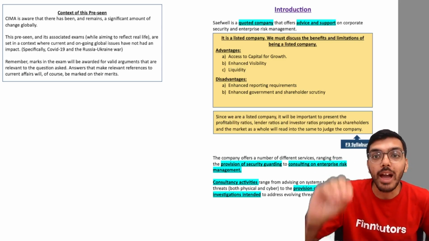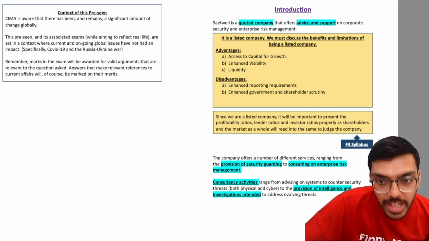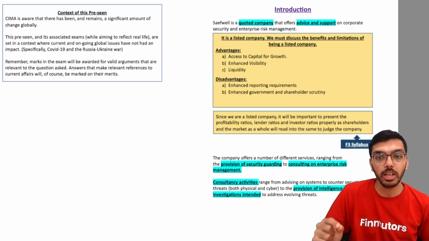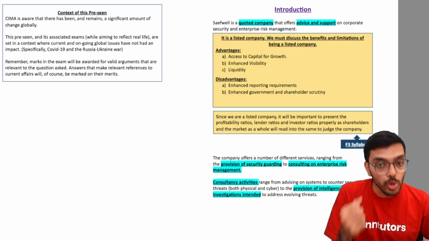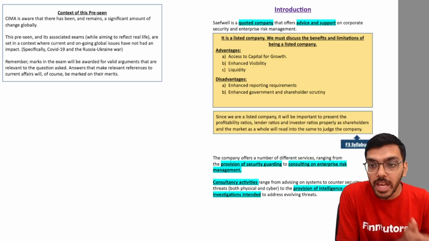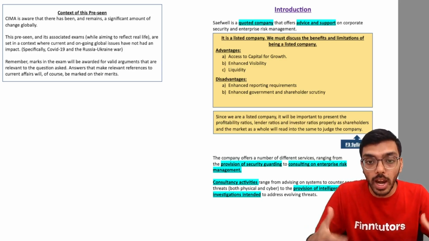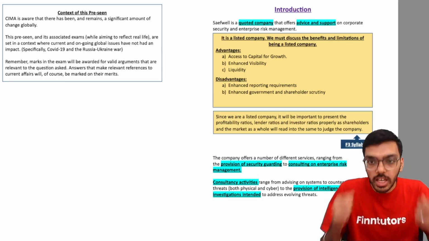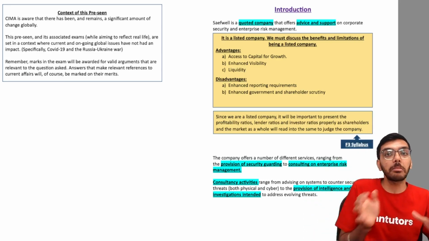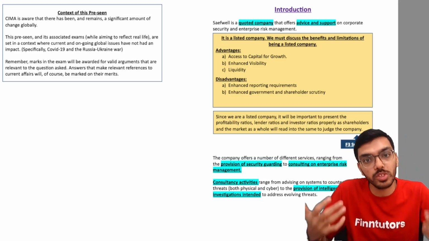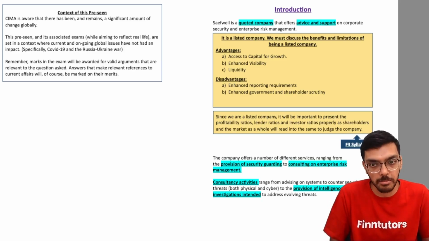So I want you to have a Word file or a piece of paper with you where you are writing down the important topics from E3, P3 and F3 which I point out. So you understand that these are the bare minimum topics which you should have knowledge of and which you should have revised in your own time, so that the pre-seen will make more sense, and because these topics can be tested in the exam.